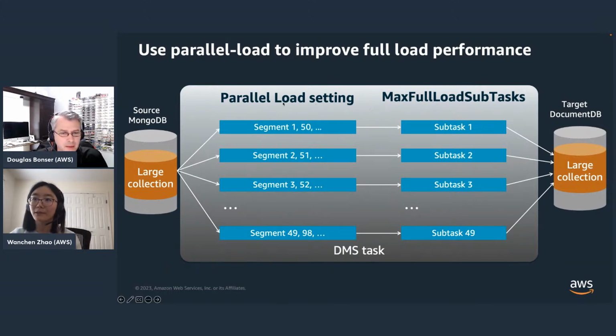So definitely we have two methods for the segmentation of your source data because it's large. You want to segment or partition your data evenly so that you can fully leverage the subtasks to load the data in parallel. Imagine you have one document in segment 1, a million in segment 2, and 2 billion in segment 3.